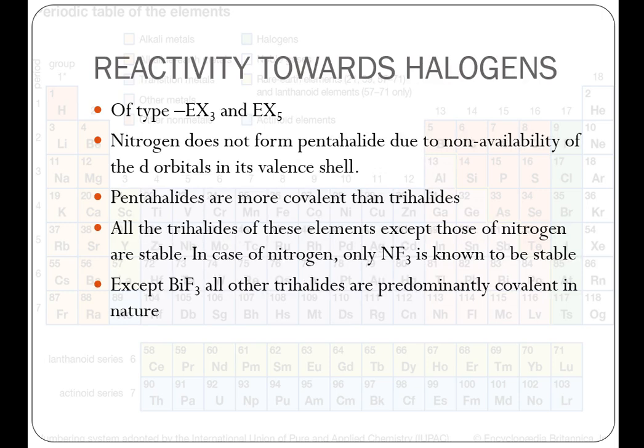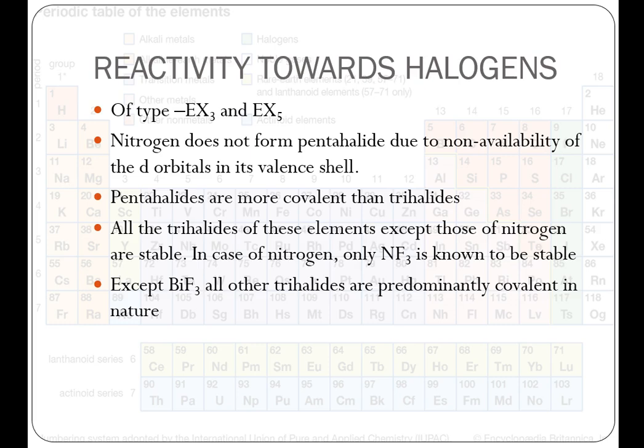Reactivity towards halogens. These elements react to form two series of halides, EX3 and EX5. Nitrogen does not form pentahalide because of the non-availability of d orbitals. Pentahalides are more covalent than trihalides.